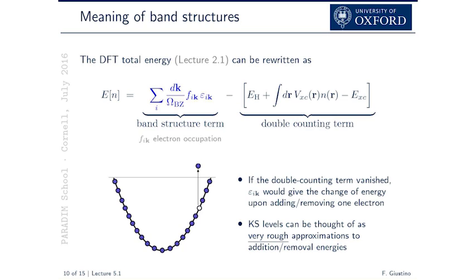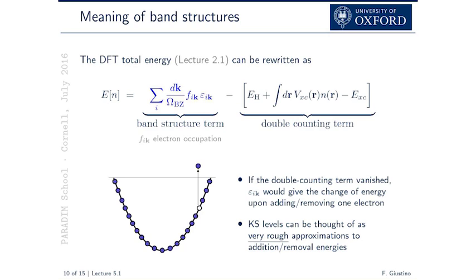The reason I want to write it like that is that you can write the energy as a sum of eigenvalues of the occupied states, where the occupation is 1 for occupied states and 0 for unoccupied states. Then there is another term, which is called the double counting term, whatever is left. That's an exact rewriting of what we did in lecture 2.